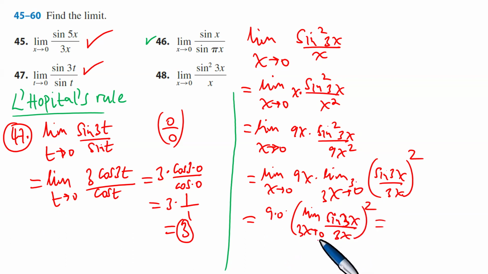So 3x approaches 0, and you have 0 times sine 3x over 3x, which is 1. And 1 squared is 1, times 0. So indeed the limit is 0, either way.